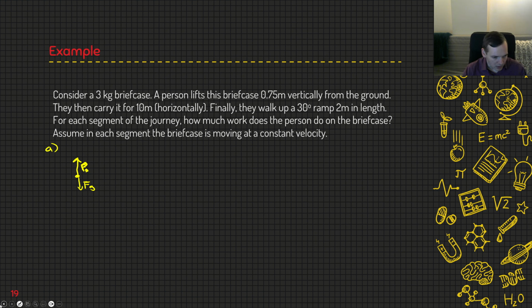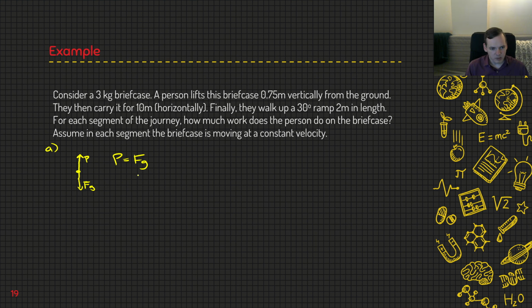So in each case, we'll make the person's force be P, and then we will label other forces accordingly. There's an Fg pulling down and some force labeled P pulling up. In that first case, if it's moving at constant speed, P equals Fg. And this is the same in all cases: P will always equal Fg because the briefcase is moving at constant speed, so the net force has to be 0.